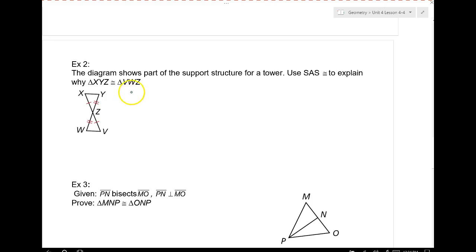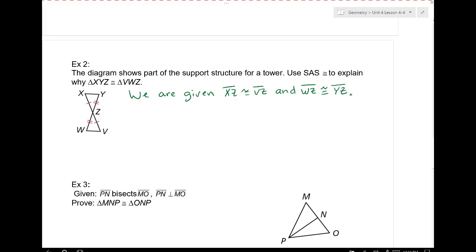So we are going to say we are given, we're gonna have to write out big sentences, there's not that many. I think you're going to be okay. We are given segment XZ is congruent to segment VZ, and we got the fact that segment WZ, make sure you match them right, guys, is congruent to segment YZ.